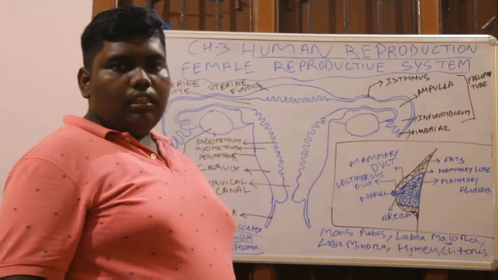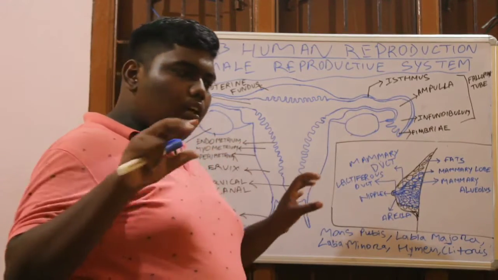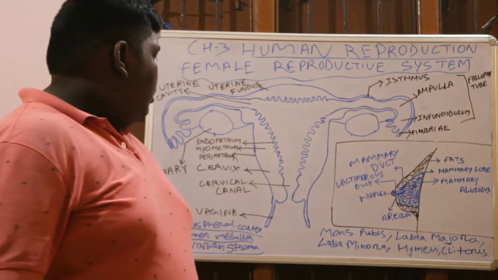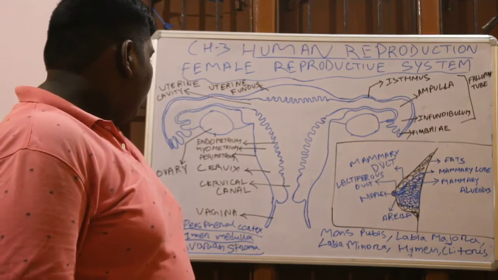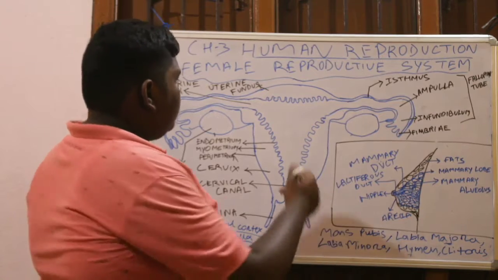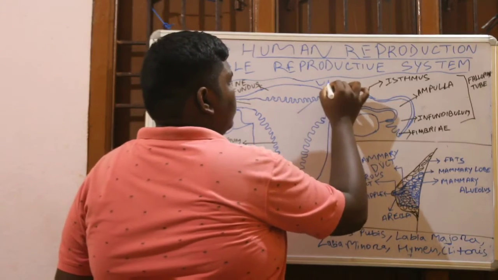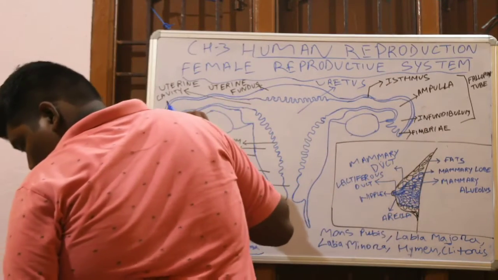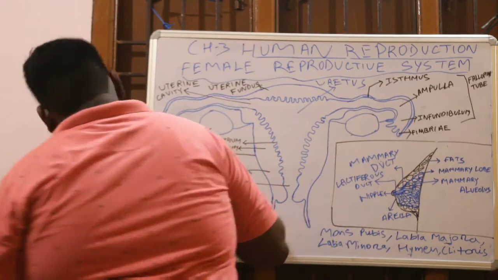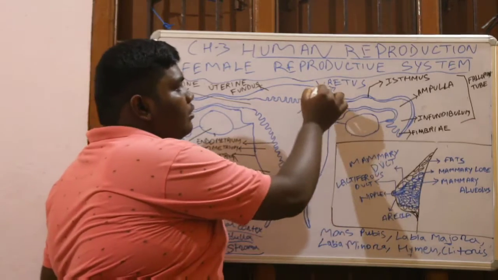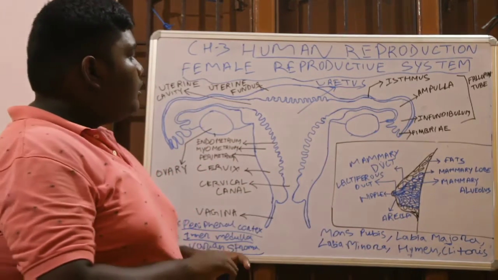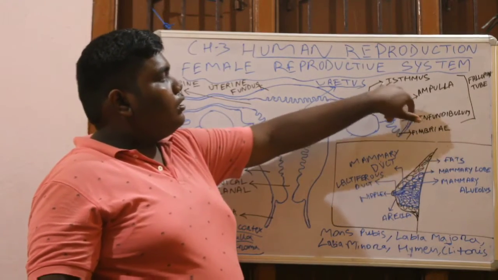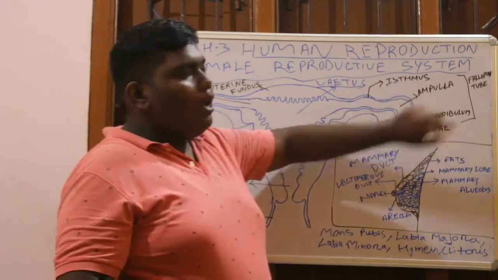Now, the isthmus is the long tube that connects the ampulla with the uterus. Sorry, I forgot to mention that this is the uterus. The isthmus connects the uterus with the ampulla.